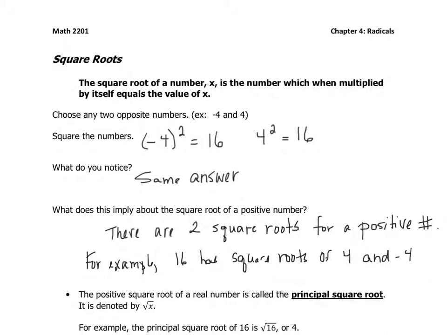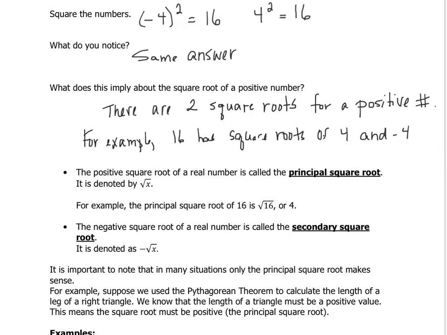Okay, so when we're referring to the square roots, the principal square root is your positive answer. And that's when we use the little symbol, the square root symbol that you're familiar with, this symbol right here. So when we see that symbol, we're only interested in the positive square root of the number. The negative square root is called the secondary square root, and it would be the negative of the principal square root, basically.